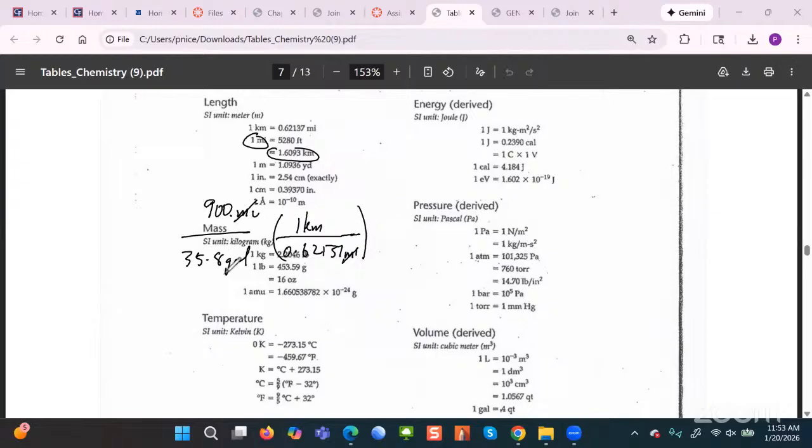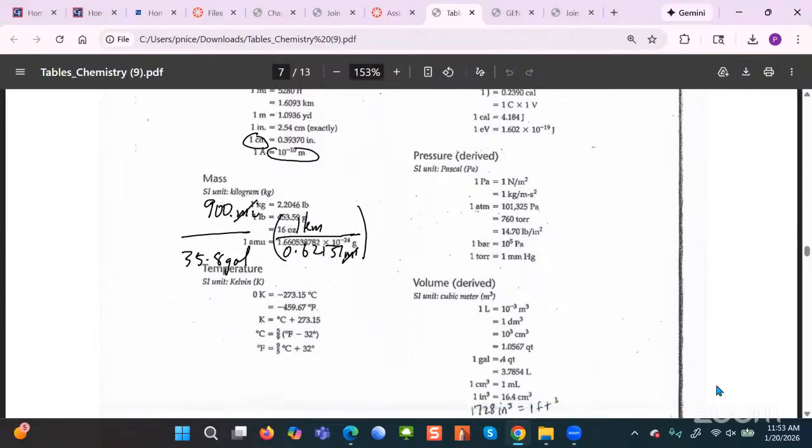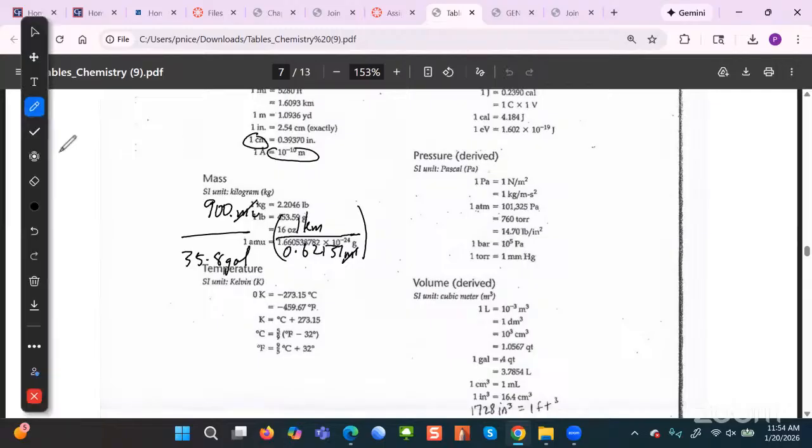Now we have to focus on gallons to liters. So that brings us to down here. Okay, here we go. We have the direct relationship between gallons and liters.